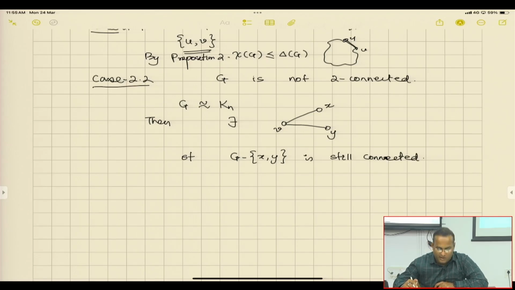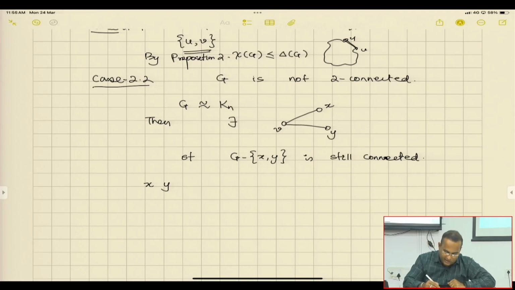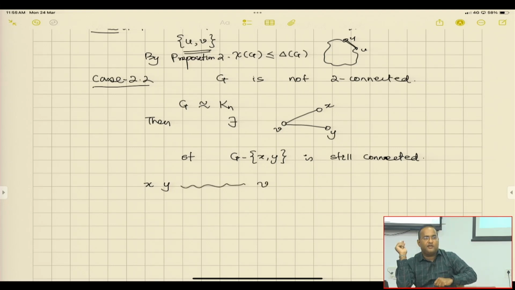Now you take the ordering of the vertices, you take x, y, right? So G minus xy is connected. So now you take a spanning tree at V and you order those vertices like this and then here V, right?